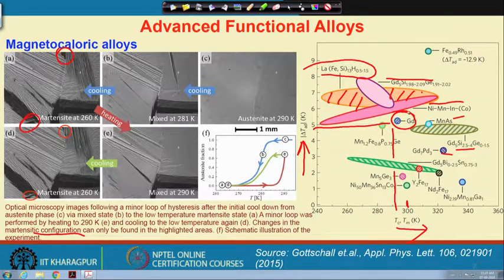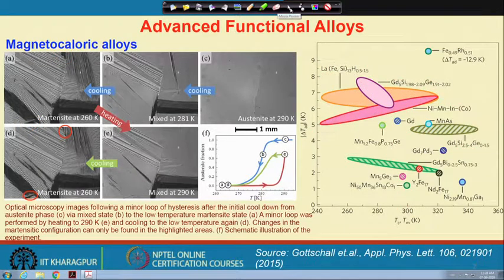Even though the lanthanum based compounds are quite corrosive, because the corrosion resistance is not so high, and we also need some liquid to carry the heat, which should not react with these materials if we really need to apply them for commercial purposes, whereas nickel based compounds or Heusler compounds also cover a large region.